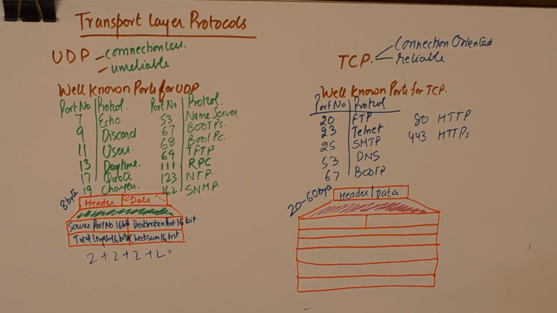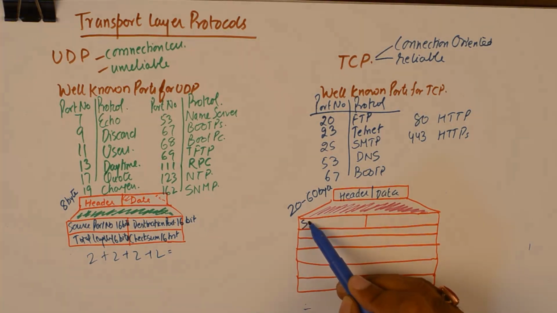This is humongous. 20 to 60 bytes of additional data being sent with the data that we want to send is pretty large. So I'll talk about what additional things are being sent, because this header portion is being represented by this block. This is a 20 to 60 byte header portion.